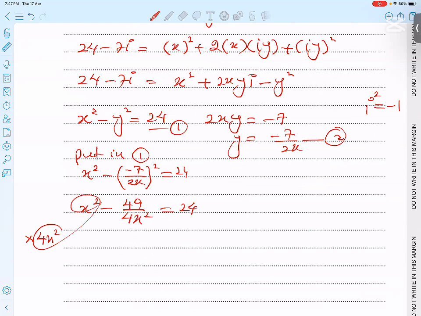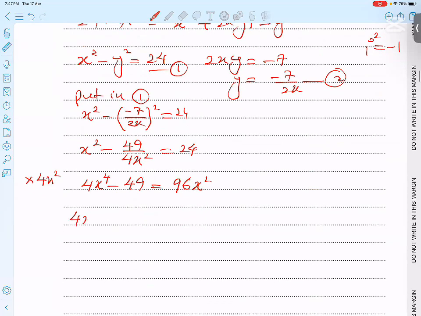When I multiply, students, I get 4x to the power 4 and 49 as it is, and 4 times 24 is 96 x to the power 2. Rearranging, 4x to the power 4, negative 96 x to the power 2, negative 49 is equal to 0.